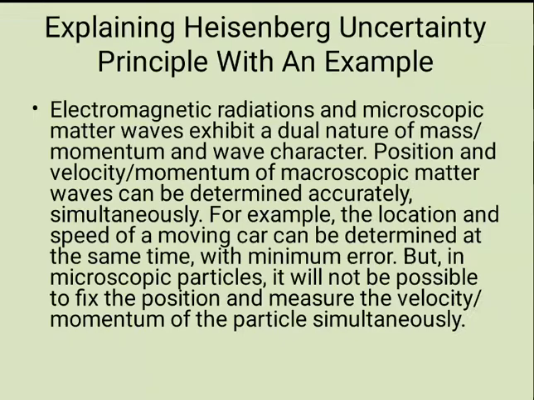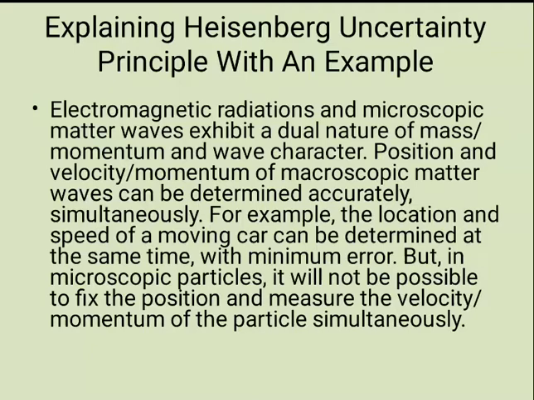Now let us explain Heisenberg's uncertainty principle with an example. Electromagnetic radiations and microscopic matter waves exhibit a dual nature, that is, they have got momentum as well as wave character. The position and velocity or momentum of macroscopic matter can be determined accurately and simultaneously.